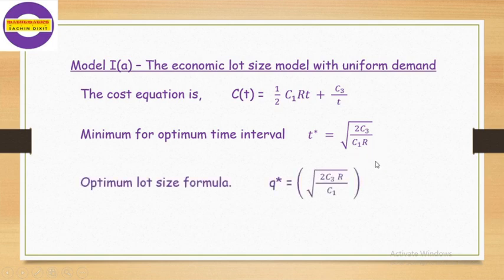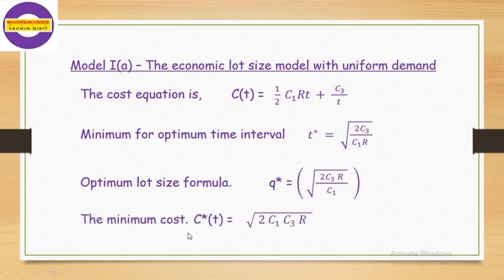Then the optimum lot size, Q star, equals under root of 2C3R divided by C1, and the minimum cost C star of T equals under root of 2 C1 C3 R.